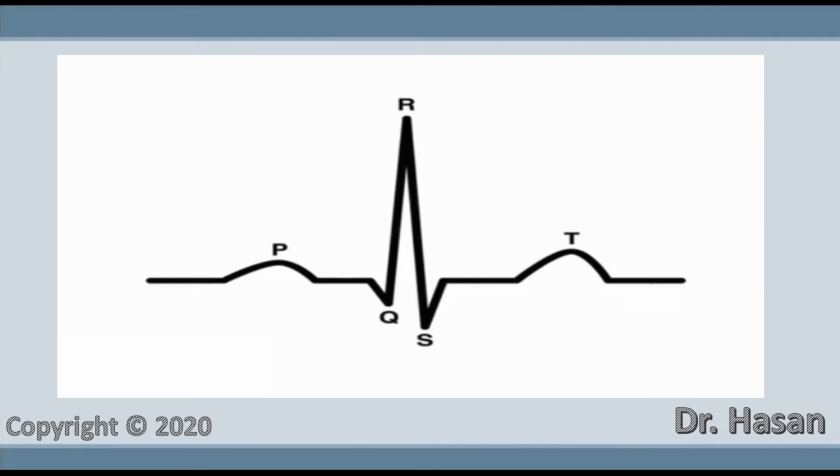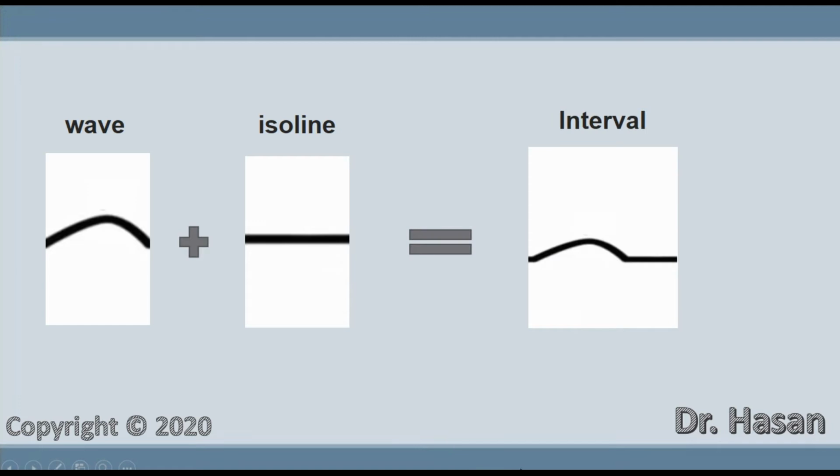Besides, there are 2 main intervals in the ECG. It's PQ and QT intervals. What is an interval? An interval is a certain wave or several waves along with a piece of the isoline. In other words, it is a wave plus an isoline.